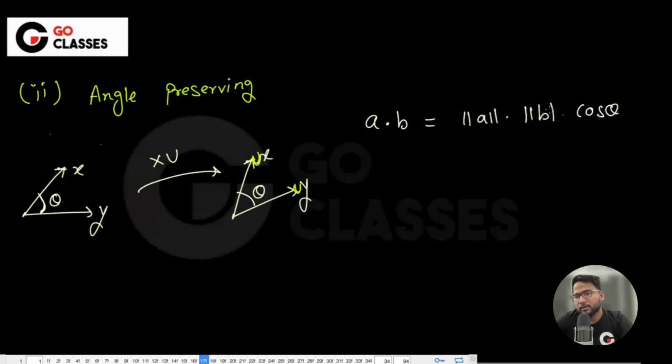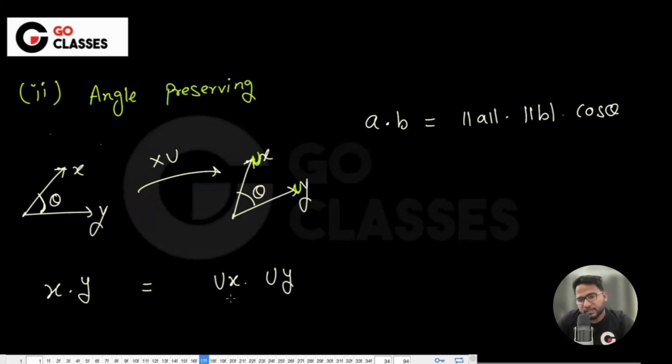So x dot y, which is x transpose y or y transpose x, is actually the same as Ux dot Uy. The dot products are the same. Let me tell you why.